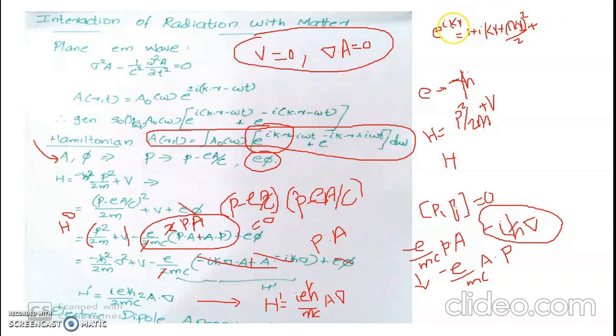If you are taking the real part, this will be in terms of k r. And k is the wave vector given by the expression k equals 2 pi divided by lambda.